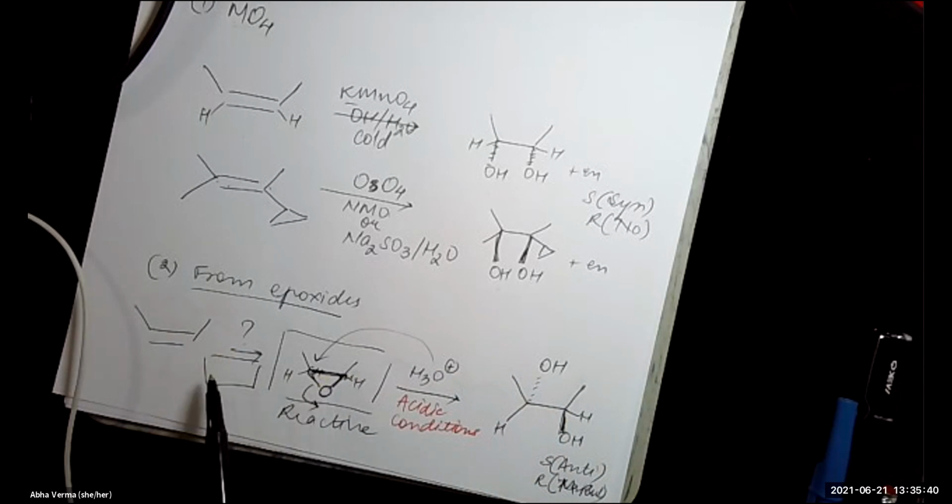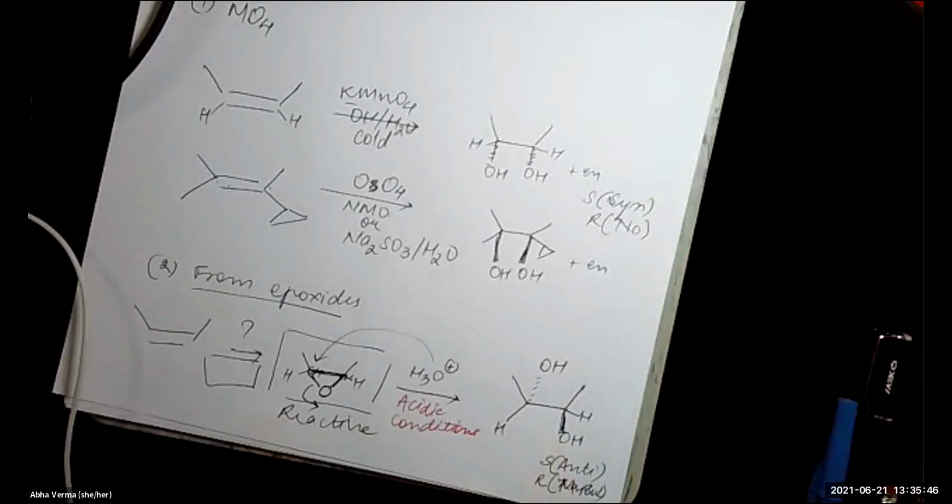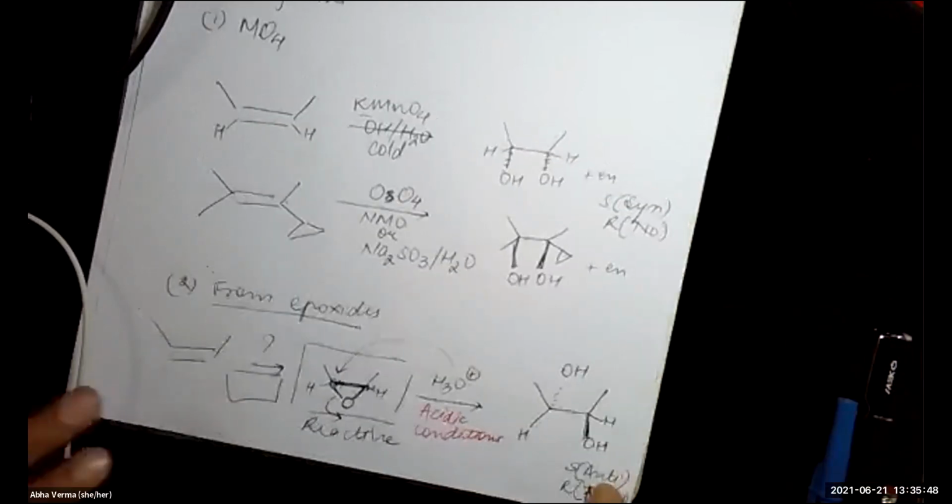So how are these epoxides formed in the first place? Knowing these reagents will definitely help you with your synthetic strategies. So when you form the diol, this is how we're going to make a diol. Let's look at epoxides now.